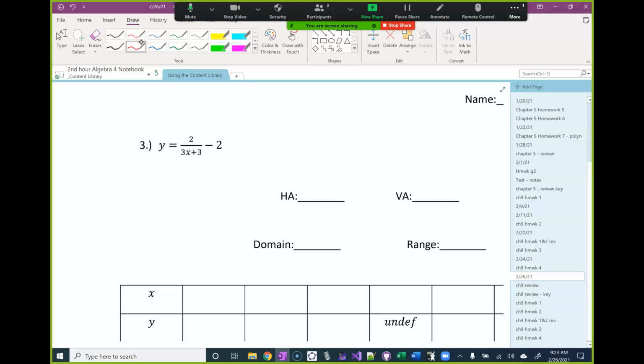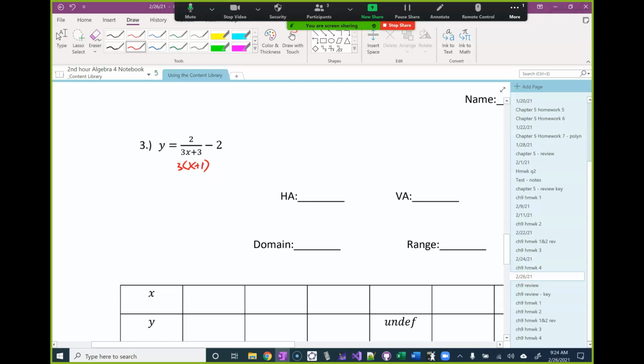So there's kind of two different things you could do here. One thing you could do is make a common denominator with the 2 over 3x plus 3 and the negative 2 and add those two fractions together to put it into form 2. Or what I think is maybe a little bit easier but a little bit sneakier is you can take this and put it into form 1.